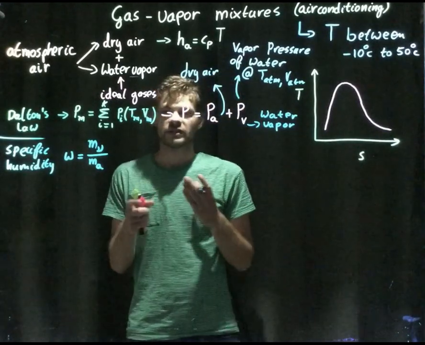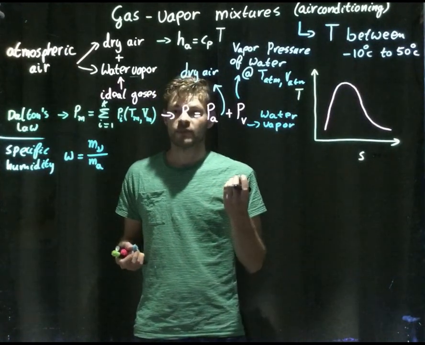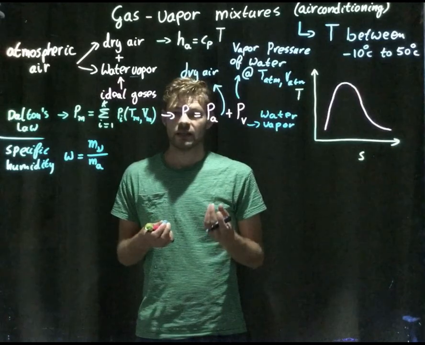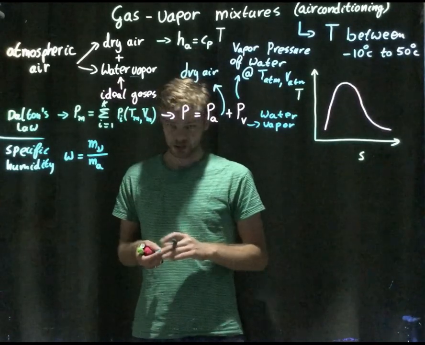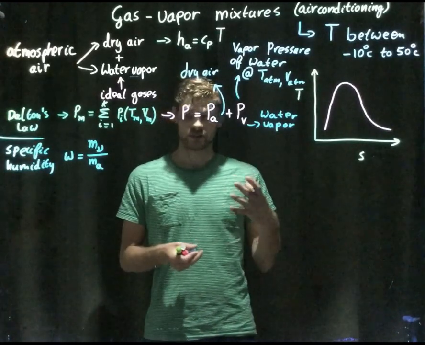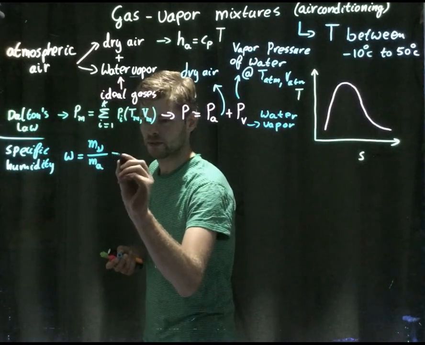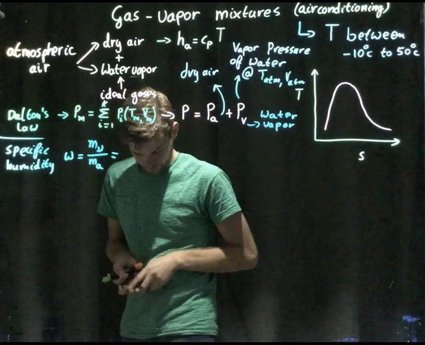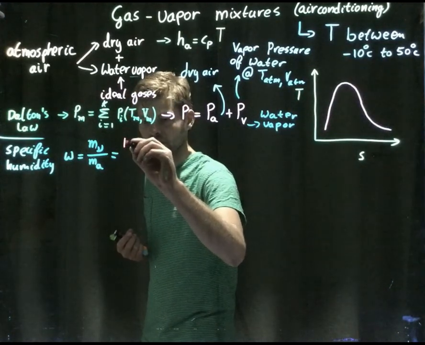In air conditioning, not only temperature matters, but the amount of vapor inside the air will give you a certain feeling of temperature, a certain experience of temperature. And that's why we often want to regulate the amount of water vapor that's inside the air.